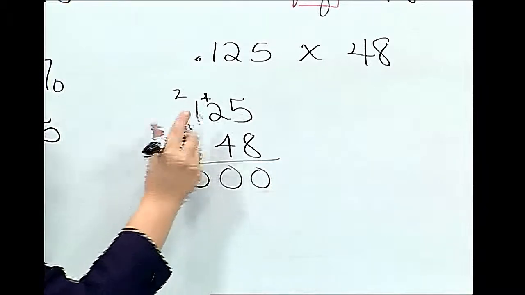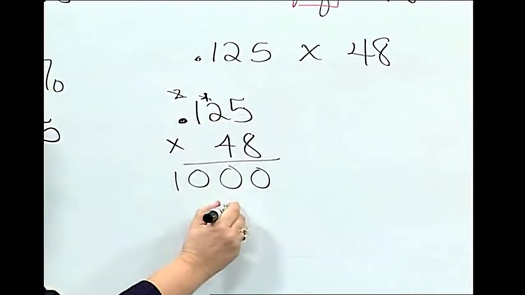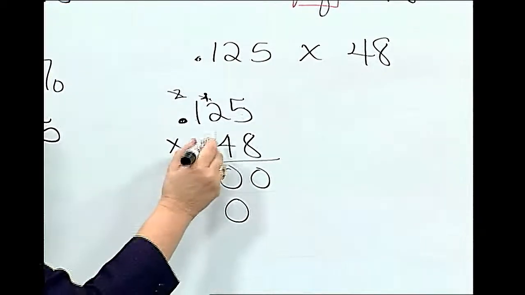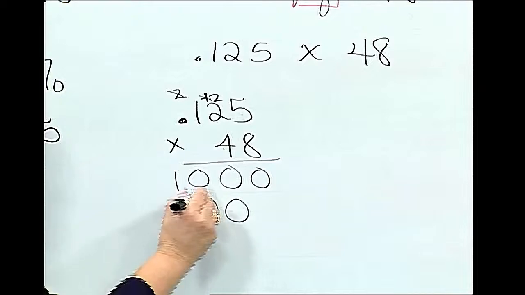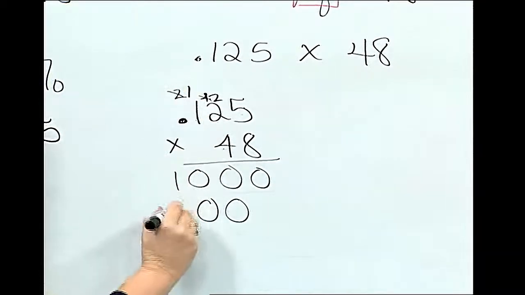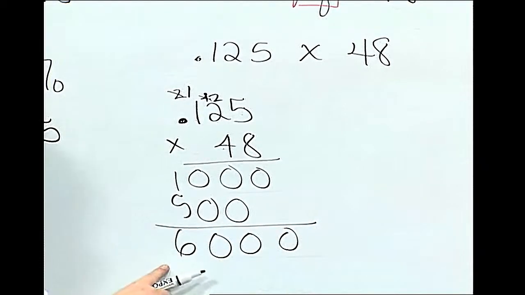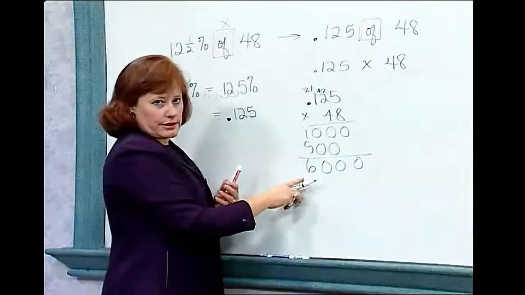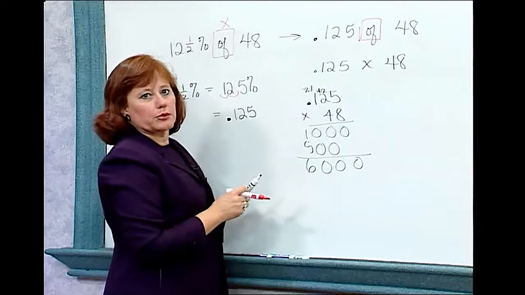When I move over to the tens column, I don't want these to be in the way. 4 times 5 is 20. We'll carry the 2. 4 times 2 is 8, plus 2 is 10. We'll carry the 1. And 4 times 1 is 4, plus 1 is 5. When I add my columns, I know the answer is certainly not 6,000. My estimation skills would tell me that's much too big an answer, and I need to remember to count the decimal places.